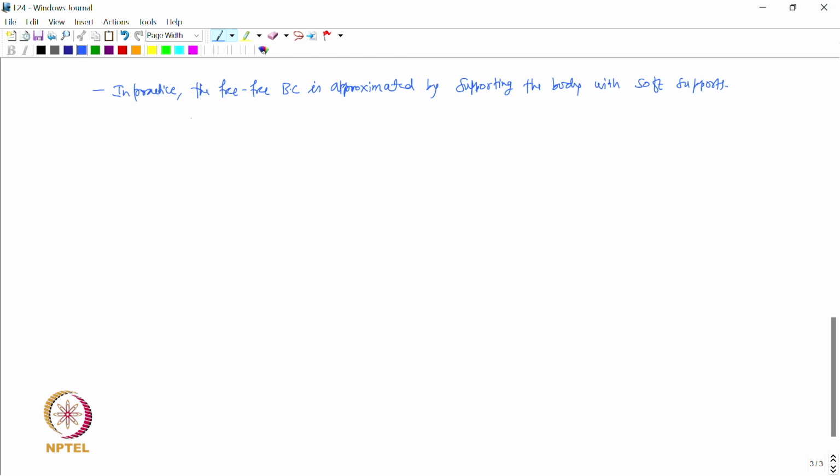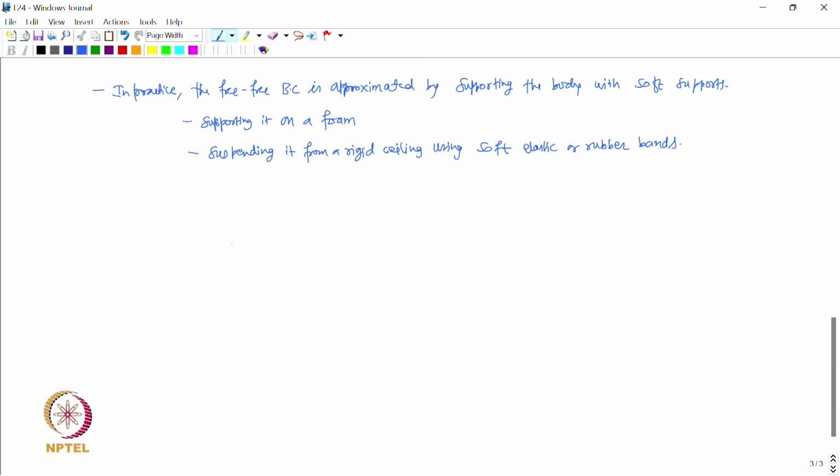So, for example, we can use foam, supporting it on a foam, or suspending it from a rigid ceiling using soft elastic or rubber bands.